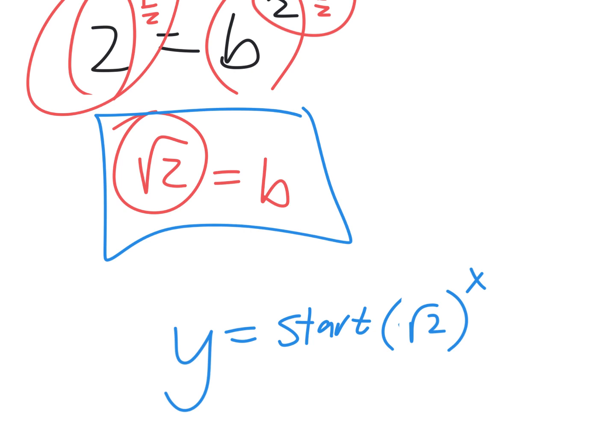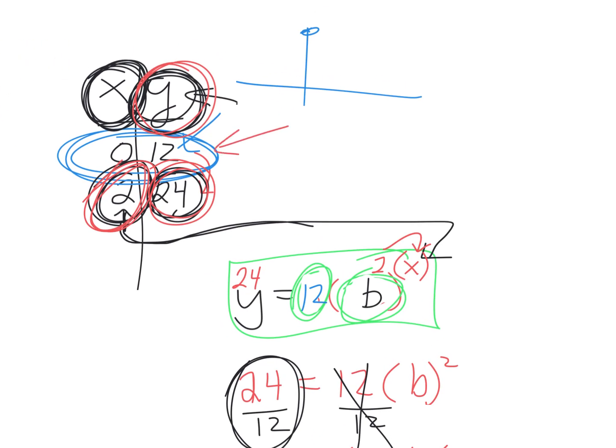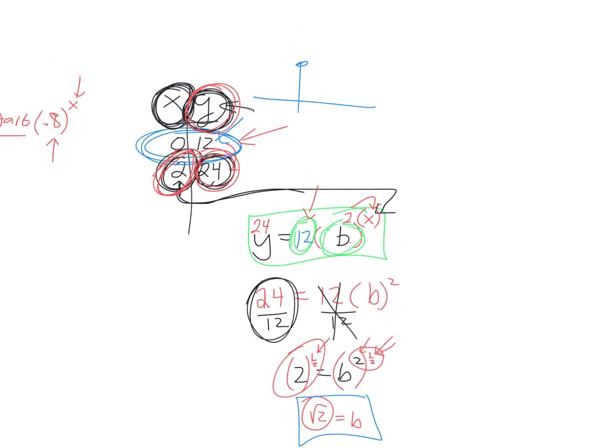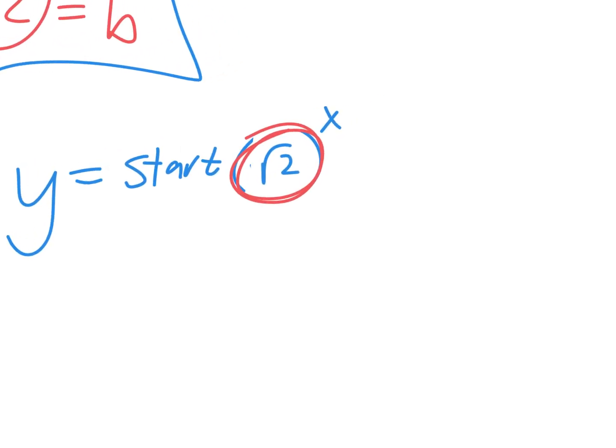What is the square root of 2? 1.4. Does this being about 1.4 mean that we still have growth, right? Okay, good. And what was our start value? Well, look back at the chart. Start value is 12. So 12 goes right there. And that is your equation.